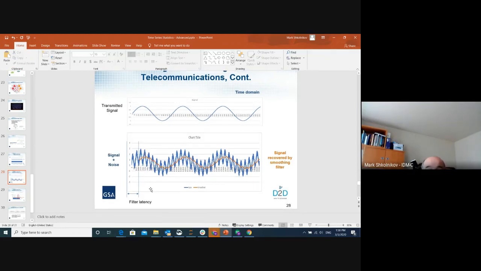Here is something I would like to point you to. For the filter to do its work, all filters need to collect the previous data, and that causes filter latency. So the better your filter is filtering, usually the higher the latency.